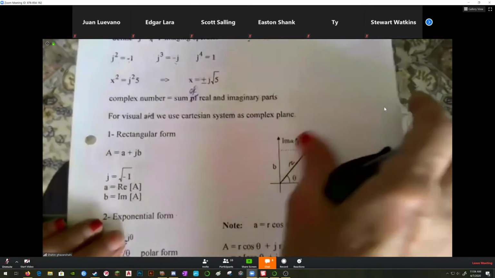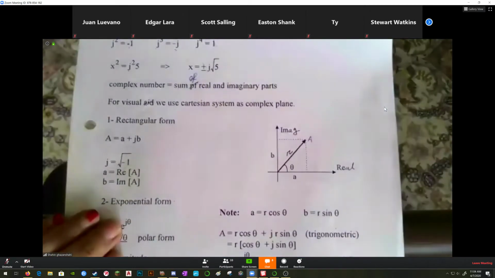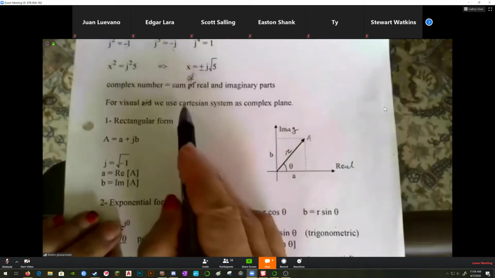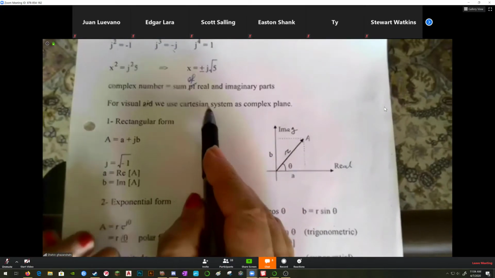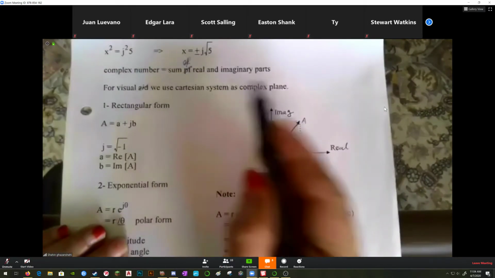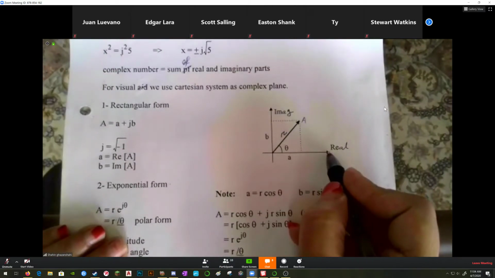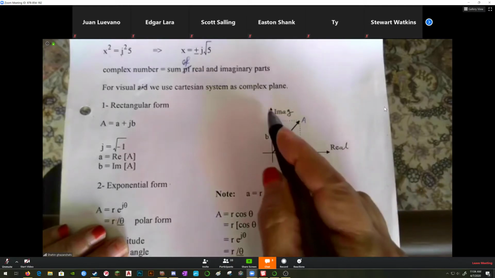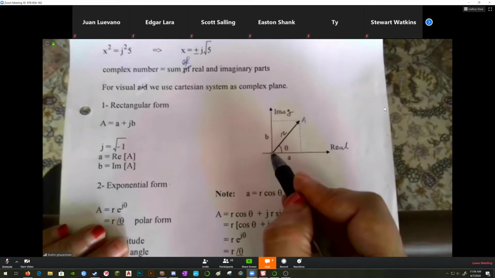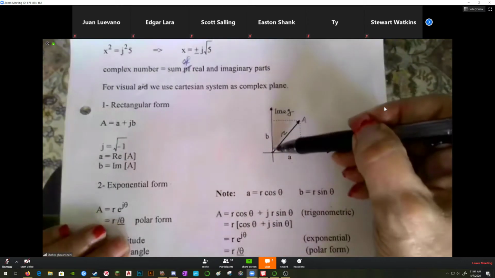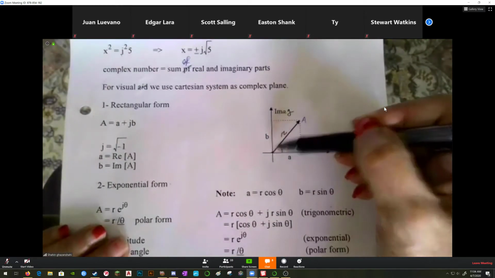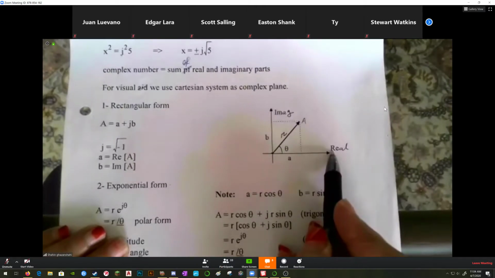So basically, to visualize this and make it easier, we use the Cartesian system. How do we use the Cartesian system? The x-axis shows your real number, and the y-axis shows your imaginary axis, correct? So your j is on the imaginary axis, and the real number is here.